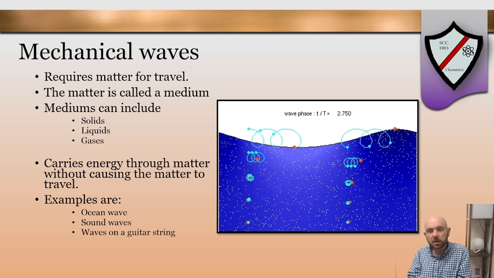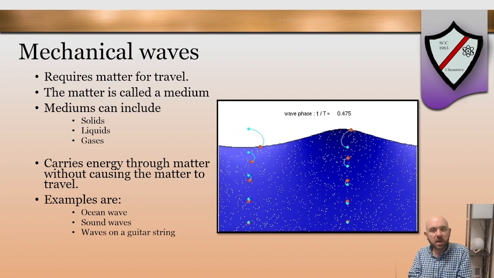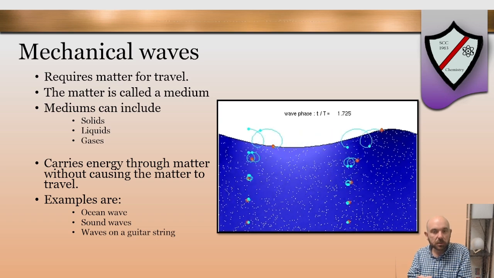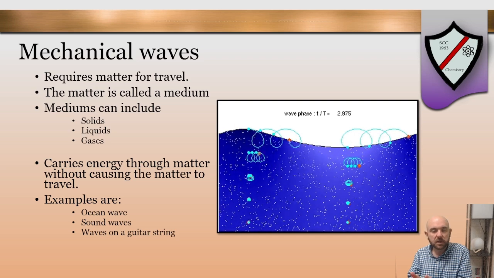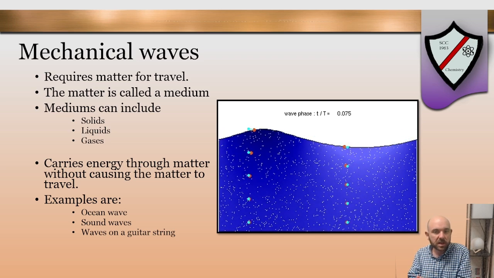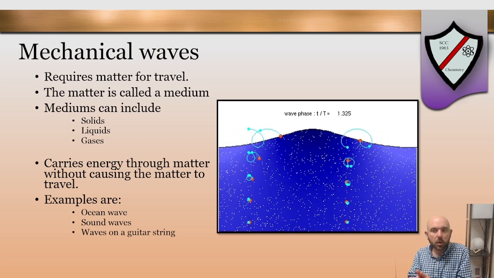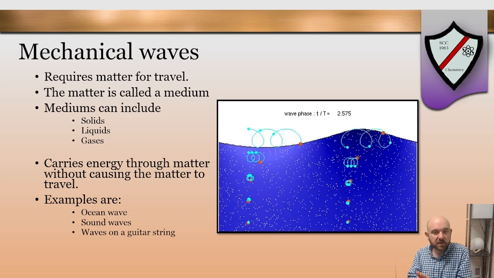So in the case of our ocean waves, water is the medium through which our waves travel. Mediums can include matter of all types. We can see waves in solid, liquid, and gas states of matter. There is no barrier to having waves travel through all three of those different phases.